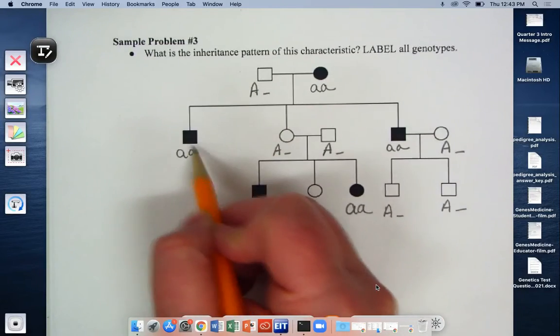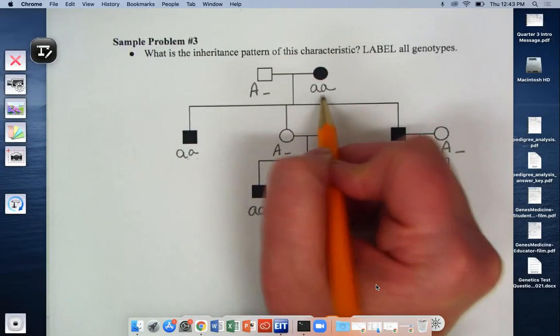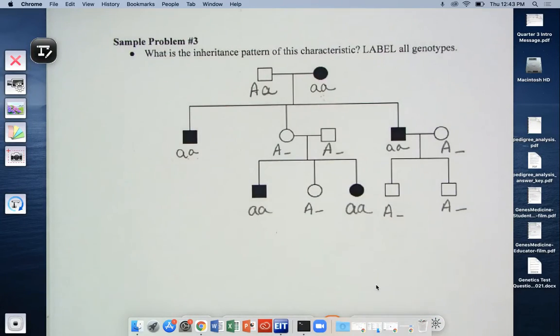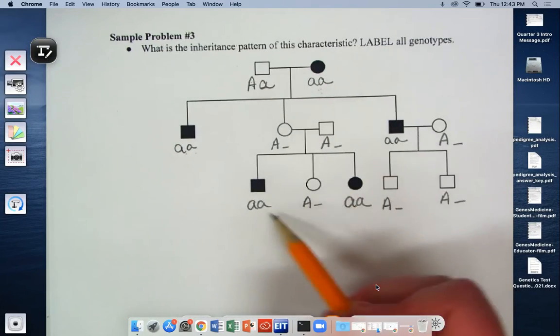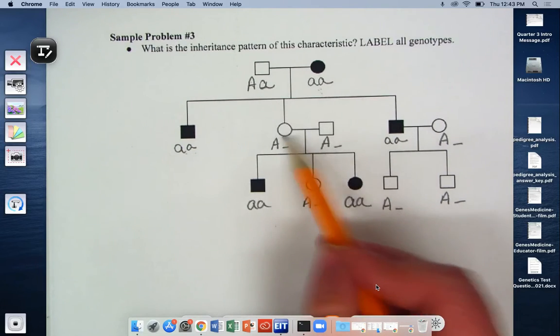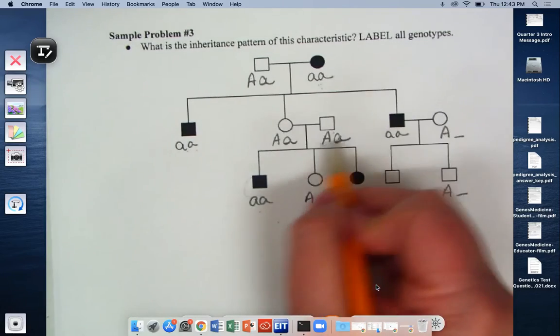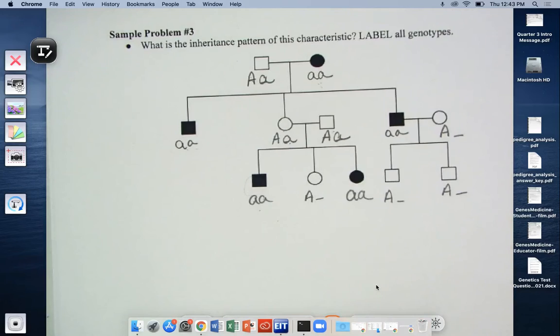So again, here we have two A's. One came from this parent, so the other one had to come from that parent. Down here, two A's. The only way this child has two A's is if the parents are heterozygous, right? One came from one parent, one came from the other parent.